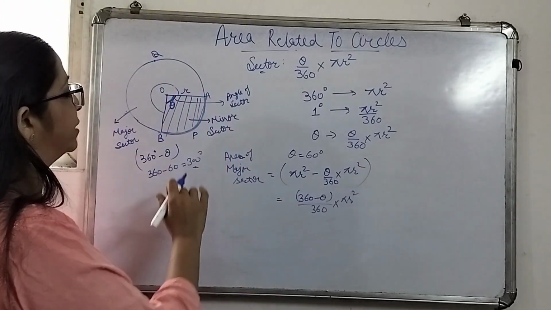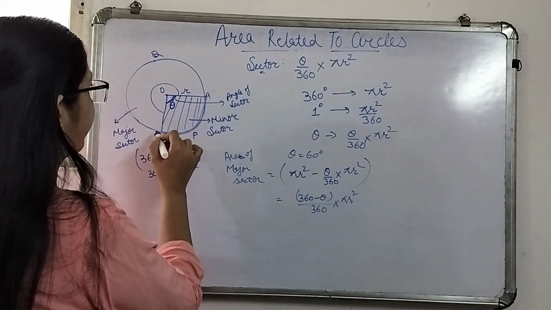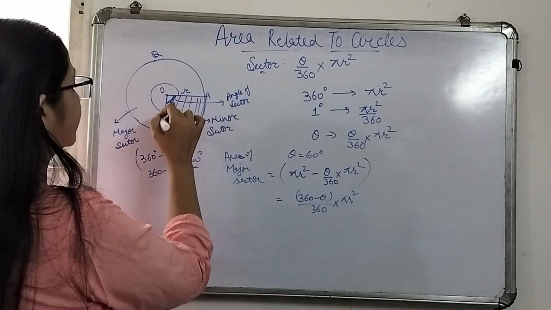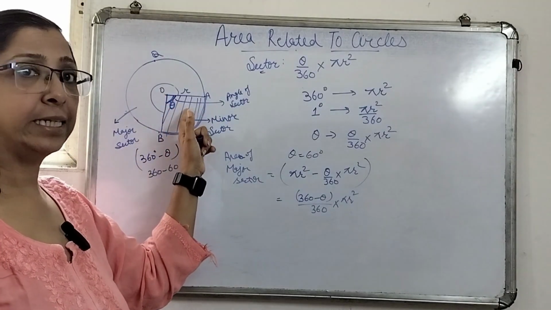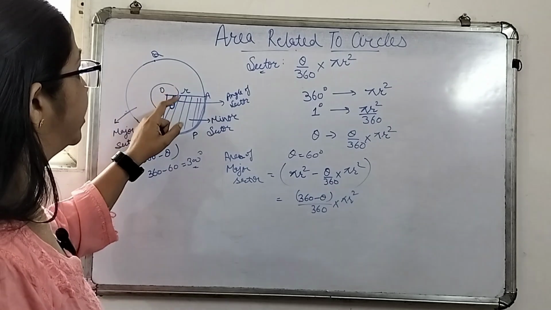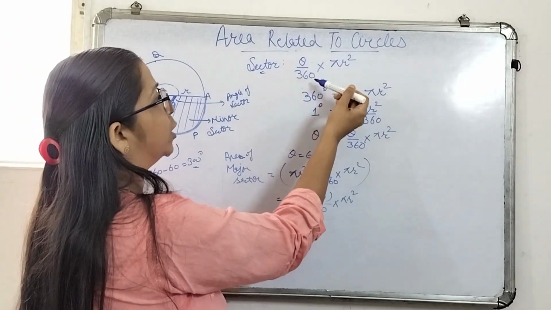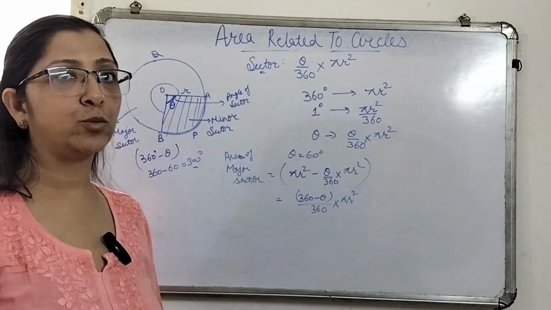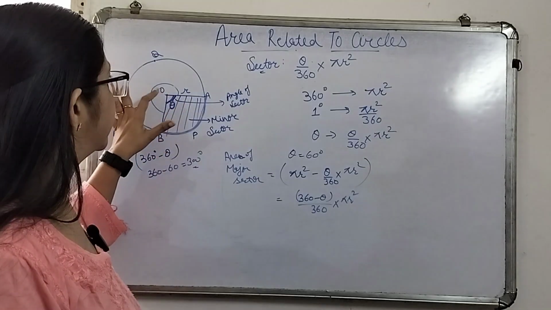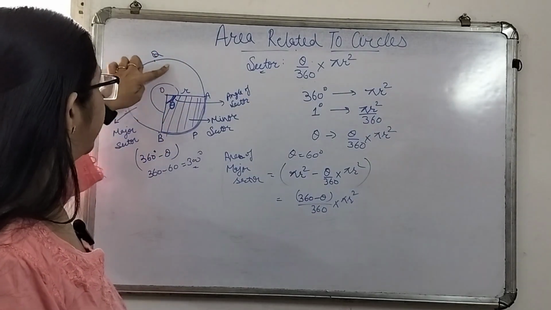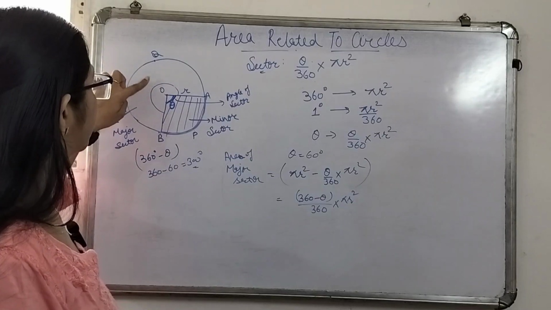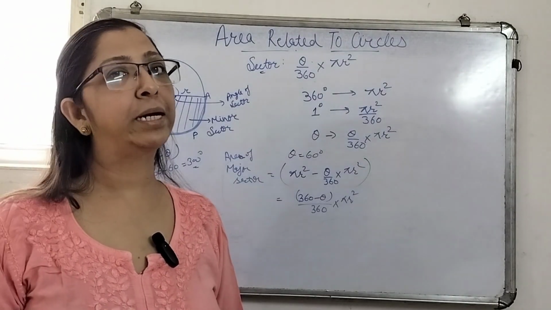So what we have learned here is, if this is your minor sector at the center, and this r, minor r, is making an angle of theta at the center, then the area of this sector will be given by theta over 360 into pi r square. Because this minor sector has a central angle of theta, the major sector is forming an angle of 360 minus theta.